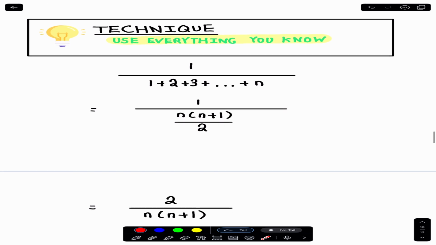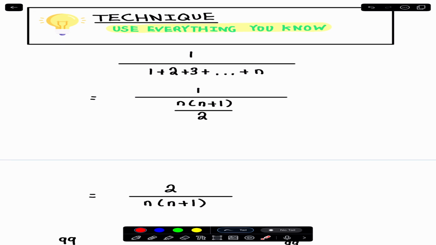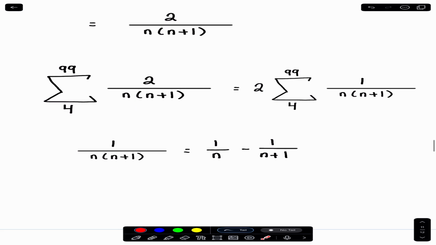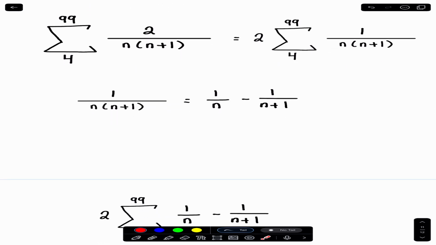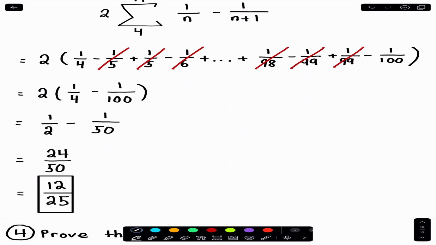Well, we had to use the fact that the sum of the first n positive integers is equal to this. Again, thank you, Gauss. By the way, for those who don't know, I am saying Gauss, G-A-U-S-S. He was a great mathematician. Anyways, what else did we have to use? Well, we can't forget about what we learned in part 1 over here. So it would be this fancy way to split up the fraction in a way that will actually get us to telescope successfully.